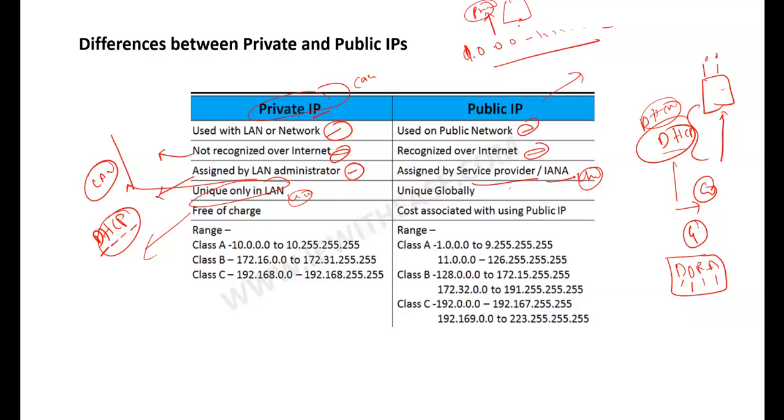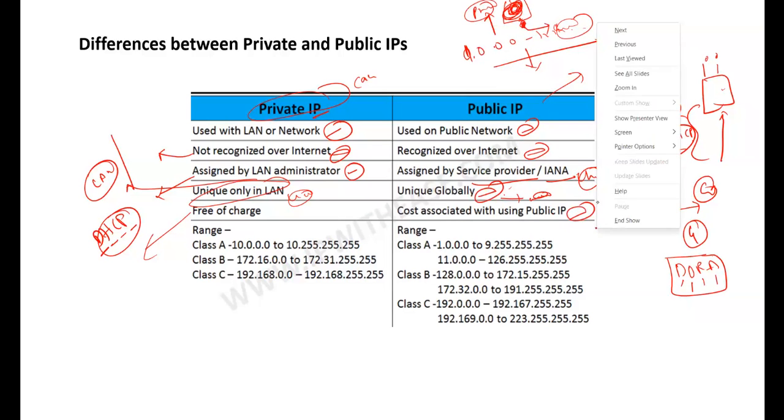Public addresses we won't configure on every machine inside the organization. They are assigned only at the gateway point where external or internet connectivity is there. So it is unique over the global networks, meaning worldwide. Public IP addresses won't be duplicated, and to purchase public IP addresses we need to pay some money.